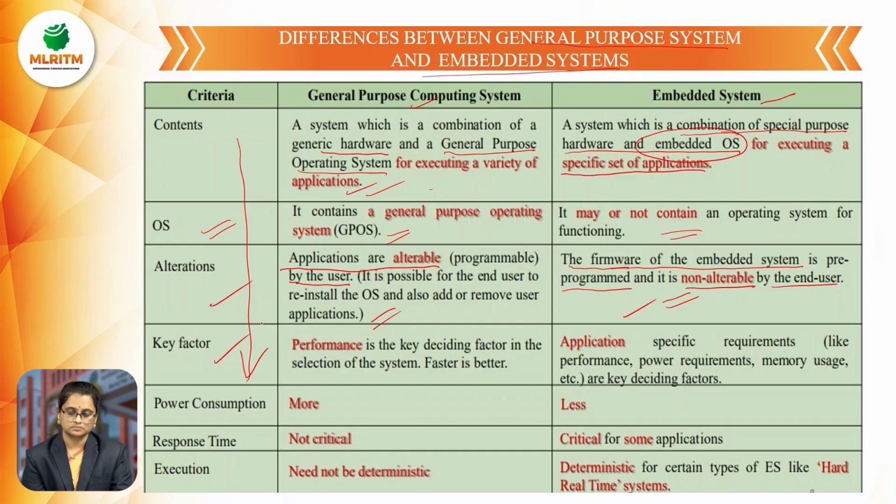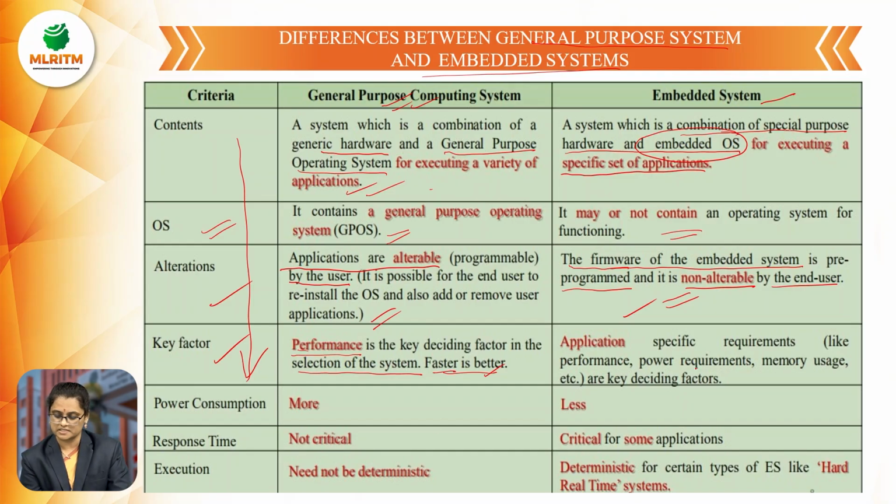And next, the key factor. In a general purpose system, performance is the key deciding factor in selection: faster is better. While purchasing a general purpose system, we measure performance in terms of being faster and better, nothing but speed. That is the key deciding factor.